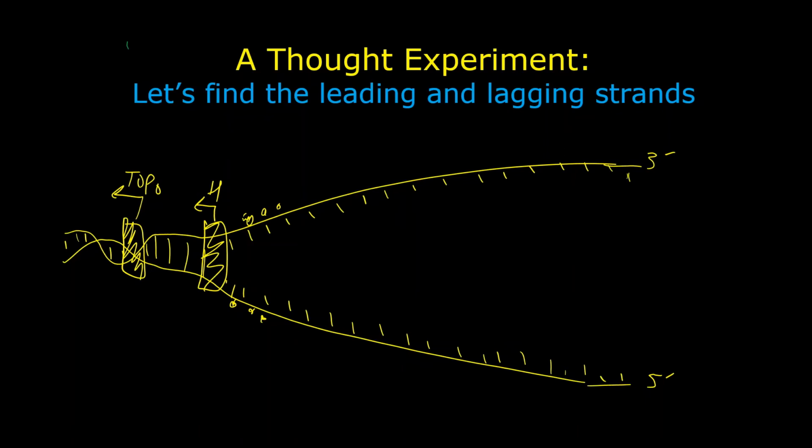So let's think real quick. If we were going to build some DNA on top of this DNA, it would look like this. And if we were going to build DNA on the bottom strand, it would look like this. Just like that, we just added some DNA. So let's complete our picture. If this says 3', then this here is 5'.